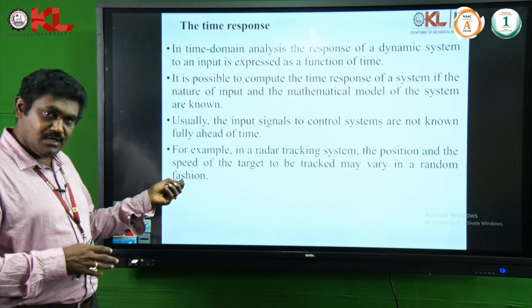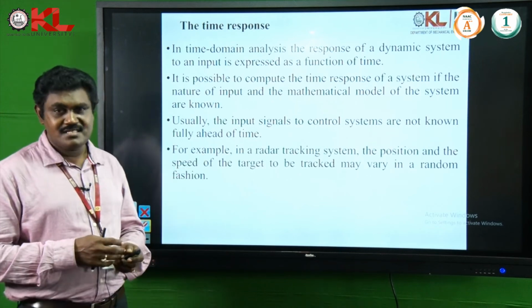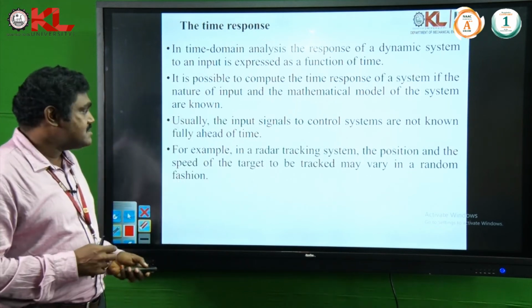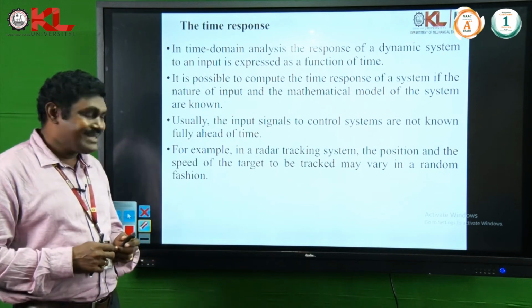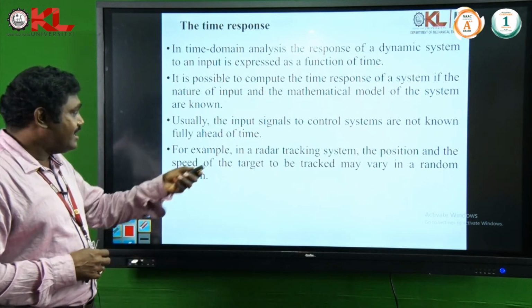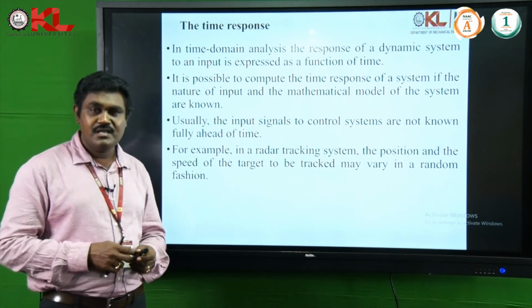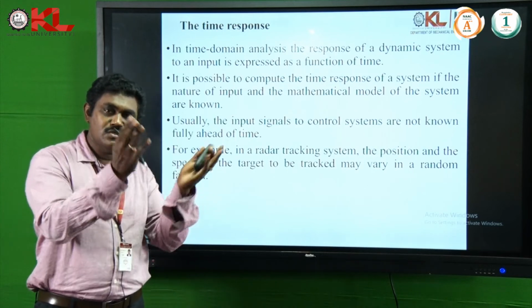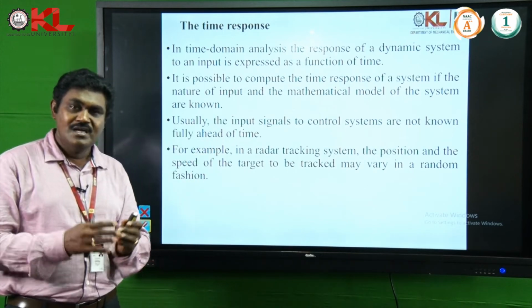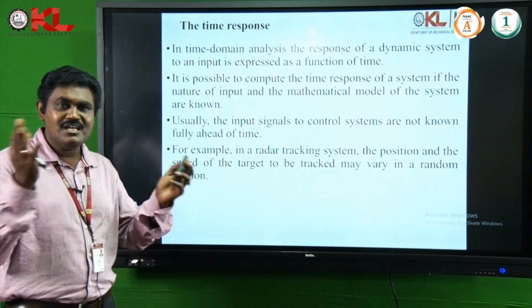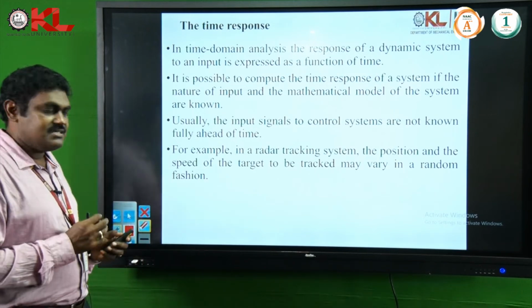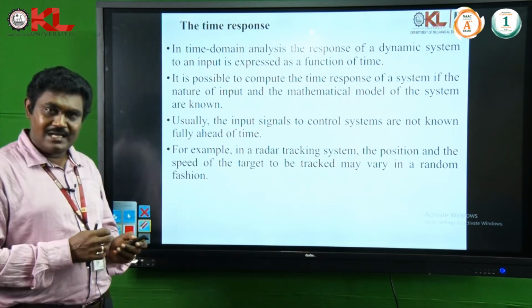For example, in a radar tracking system, the position and the speed of the target to be tracked may vary in a random fashion. If we take any target through the radar system, it is very difficult to get its particular position, so it is randomly varying. That is the best example of the time analysis.